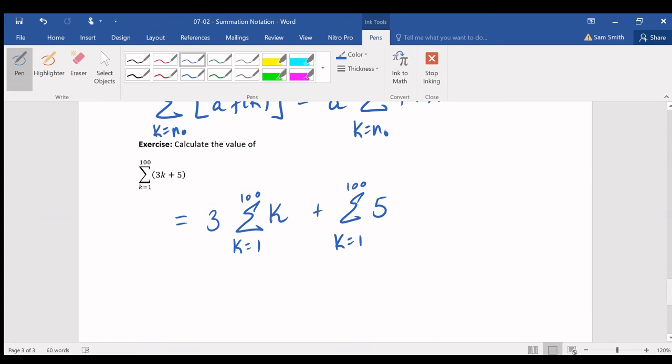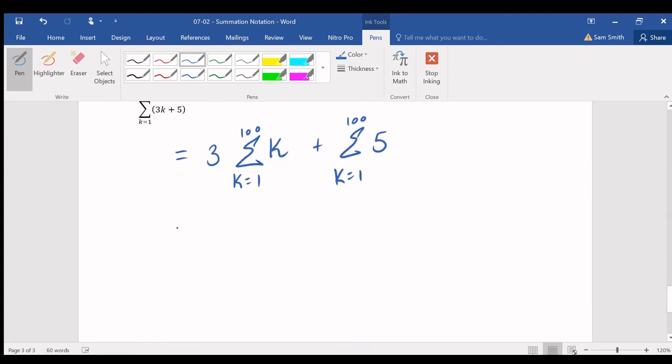Now we have this formula for what to do with the sum as k goes from 1 to 100 of k. We can take that capital N, multiply it by capital N plus 1, and divide the result by 2. We also had a formula for what to do when we had the sum of a constant function, as we do here in the back.